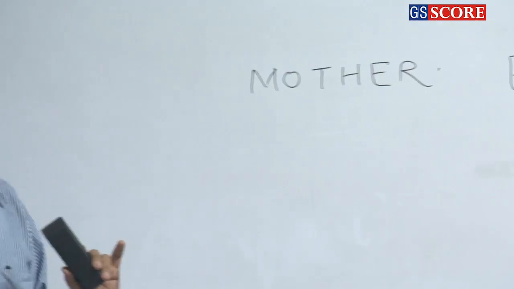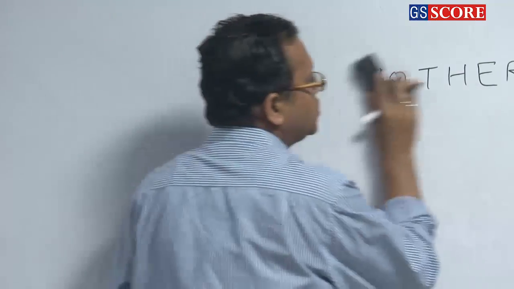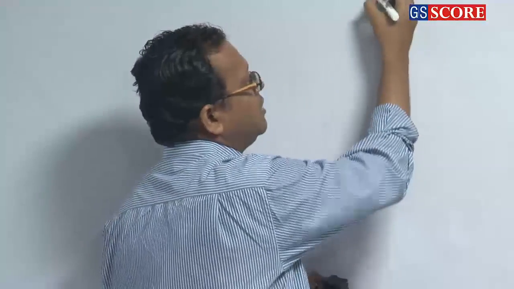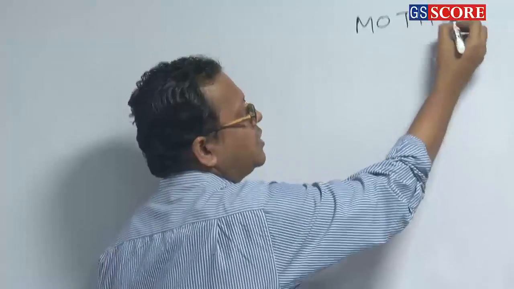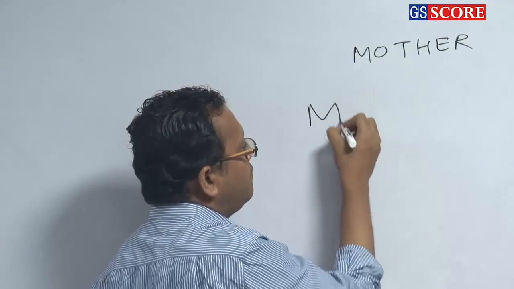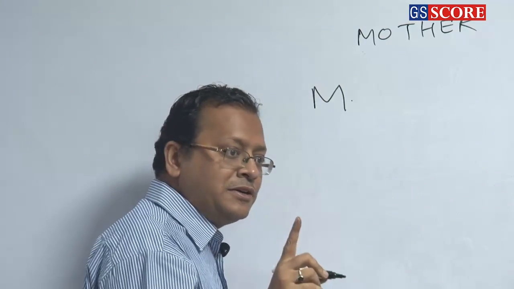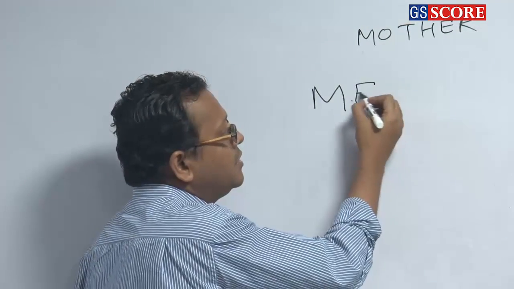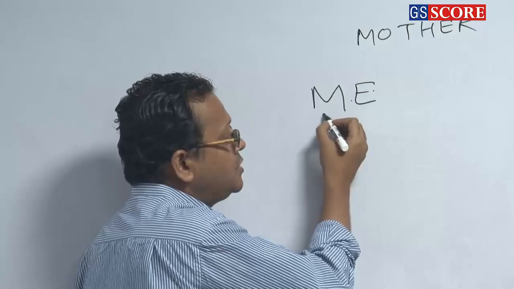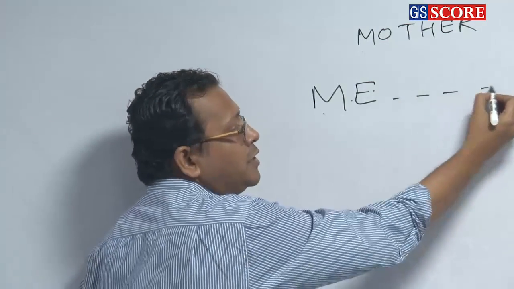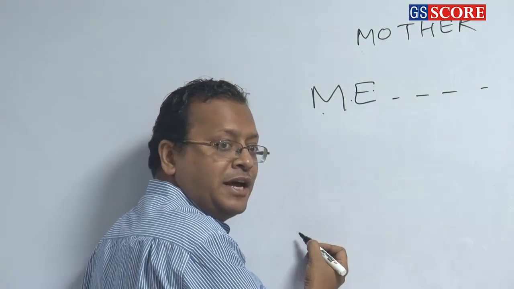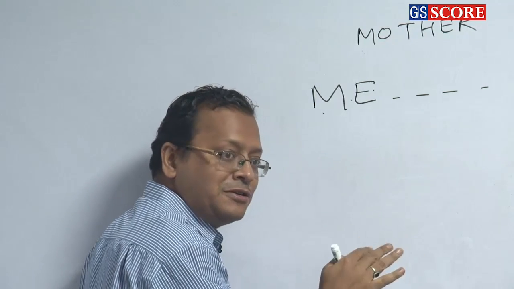Now it is M's turn. Okay. So what will you do now? Let me write the word again. MOTHER. Now M. Then what is the next letter? The next letter E. So the remaining 4 letters will form words starting with ME. How many ways will there be? Factorial 4.